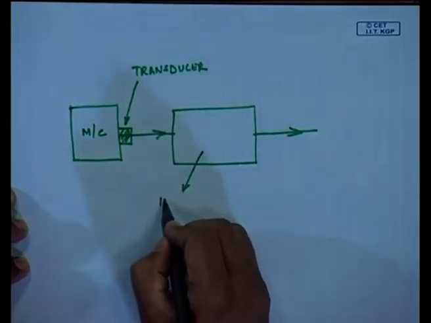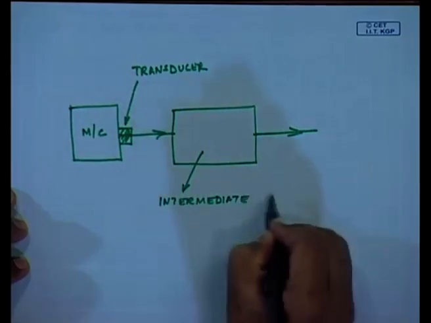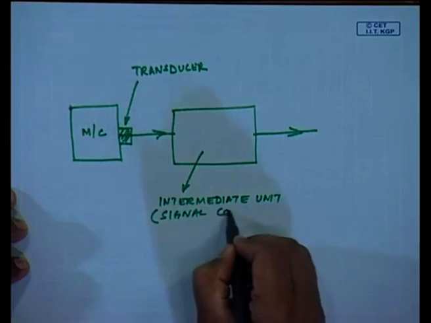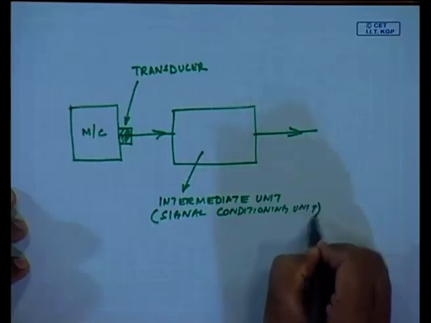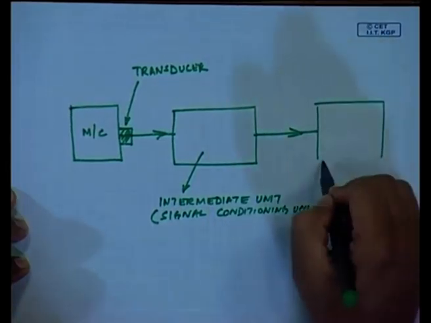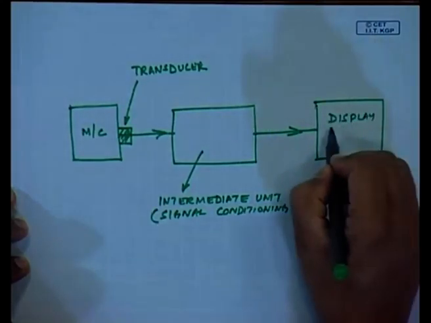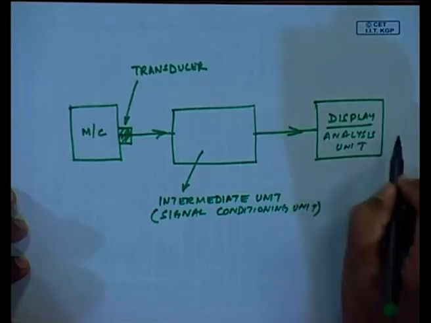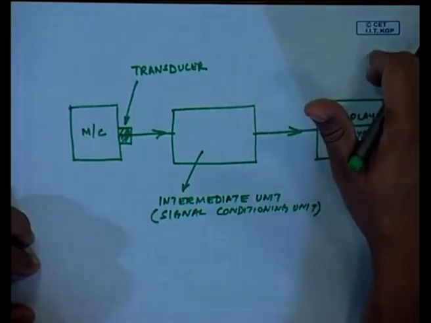Then I will have some intermediate unit, which is essentially a signal conditioning unit, and then we will have either the display or the analysis unit. Of course, associated with this there are a lot of secondary devices like an archival device to store the data, to plot the data, etc. We are not going to discuss this.